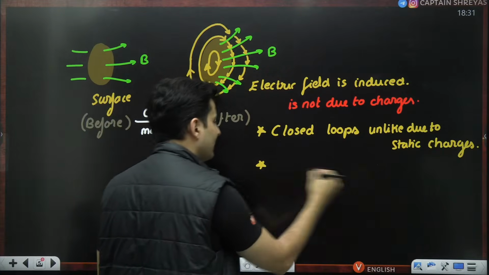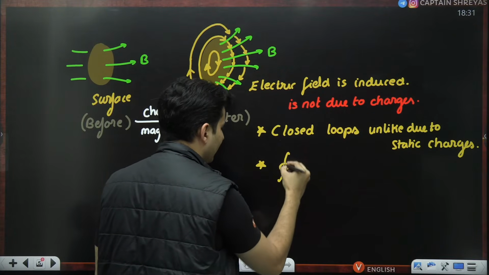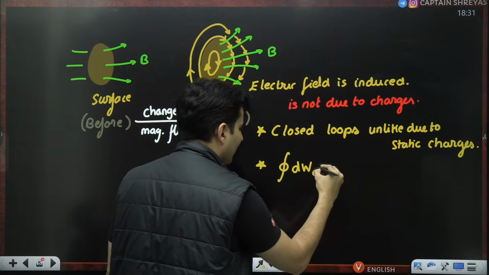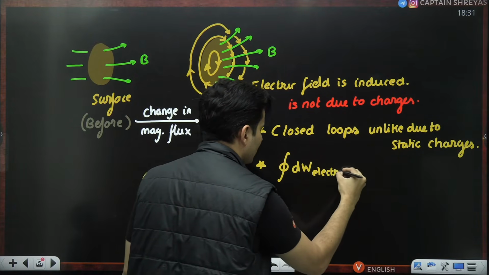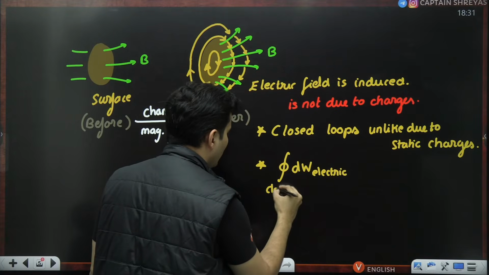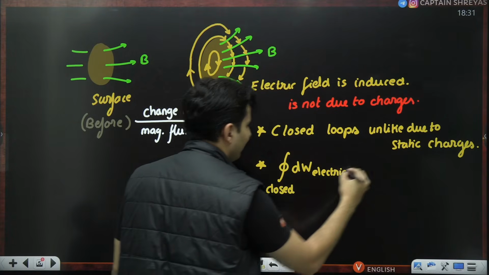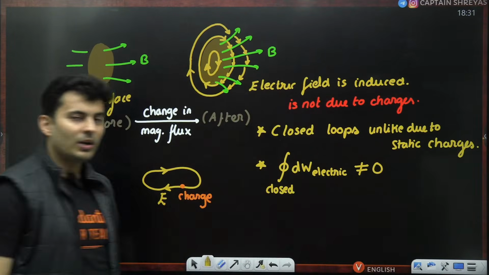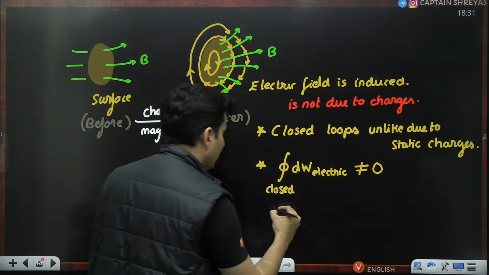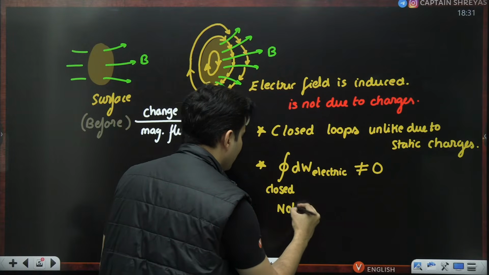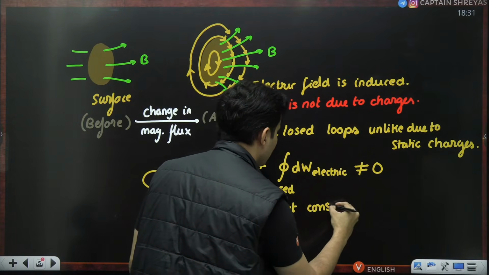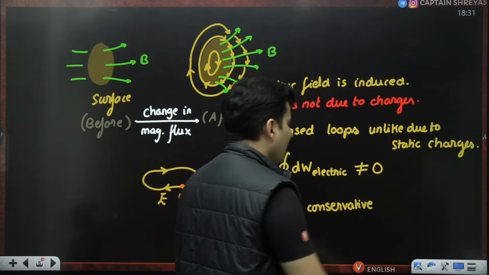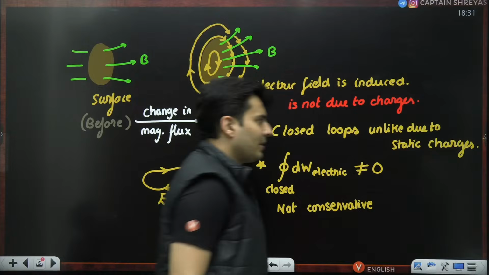So you will see that the total work done by that electric force along that closed path will not be zero. This is very important. That means it is not a conservative force or conservative field, unlike that due to static charges.